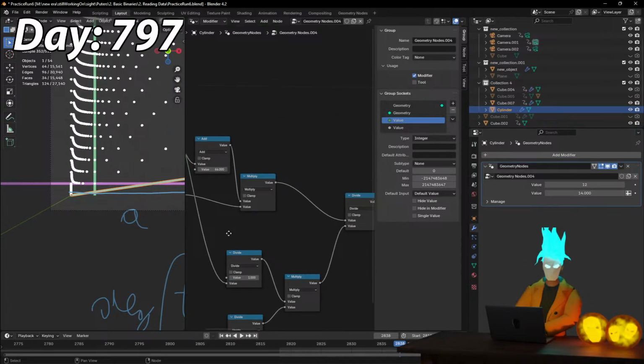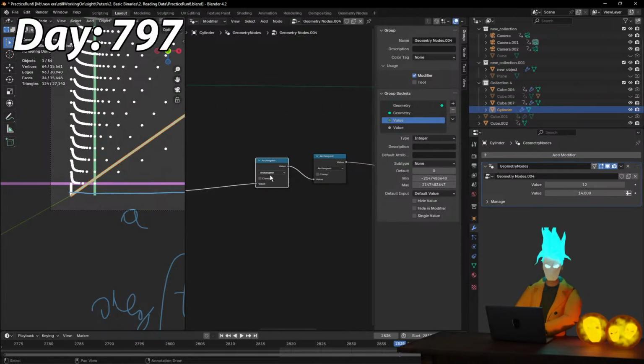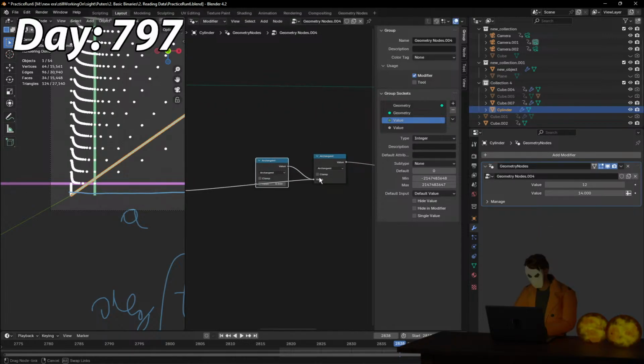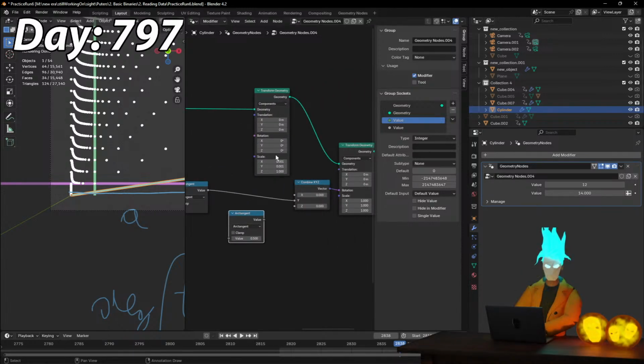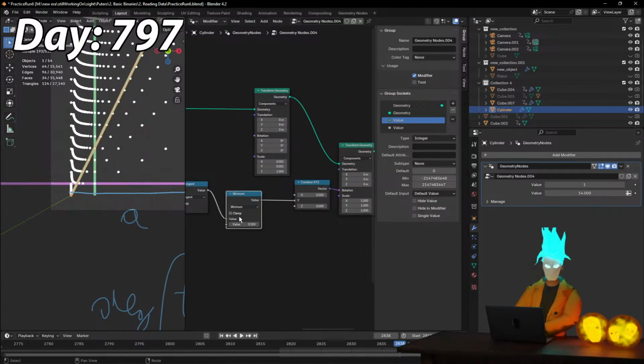Now it's going backwards. We can always just multiply by -1. Now it's going the other way. Okay, great. And right here we can rotate it by 90 degrees.